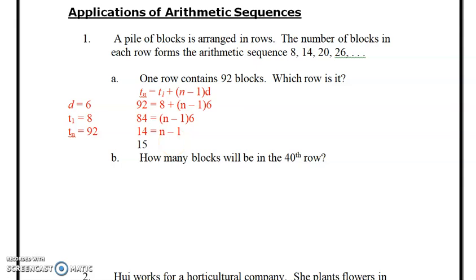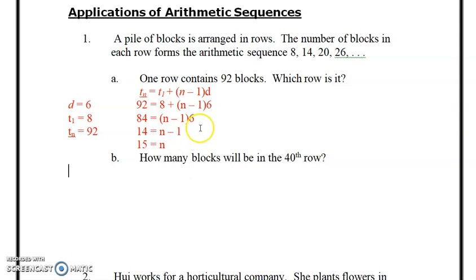That gives me 15 equal to n. So what this means is the 15th row contains 92 blocks. Let's look at the next example.